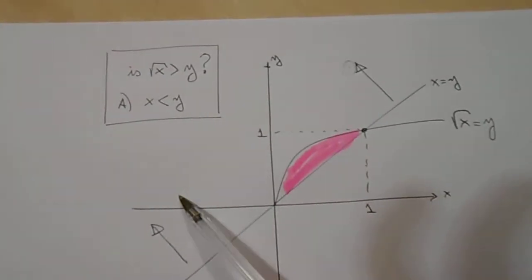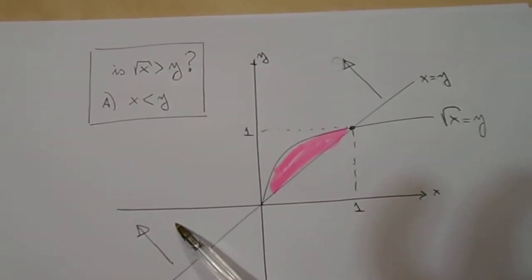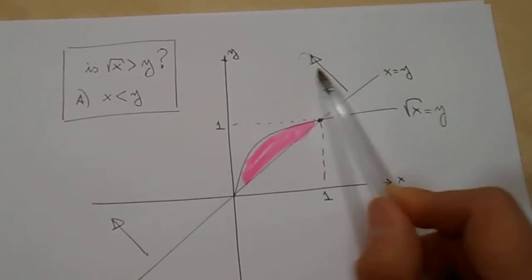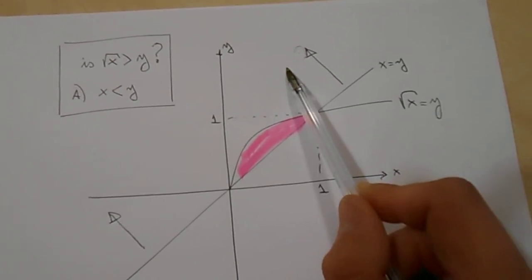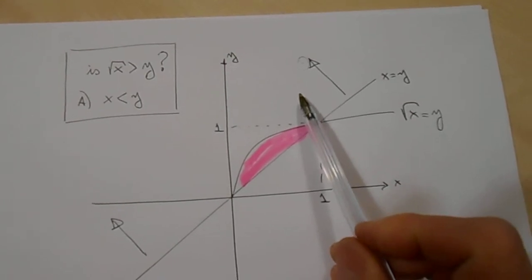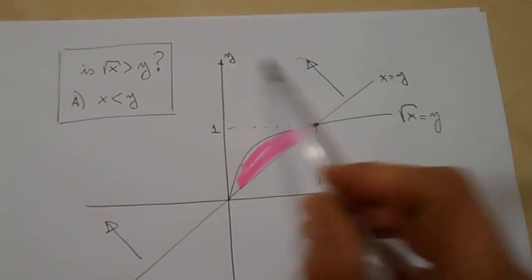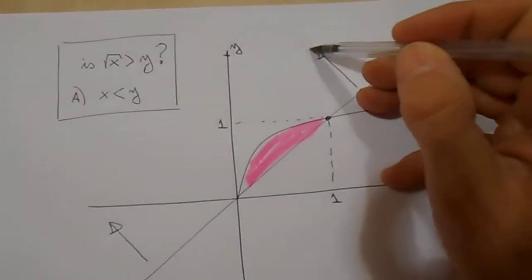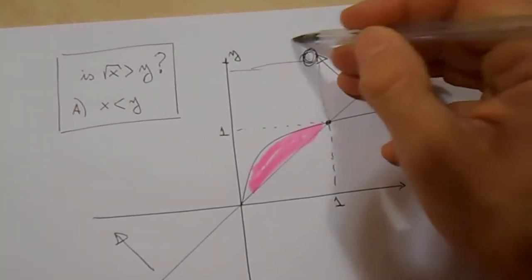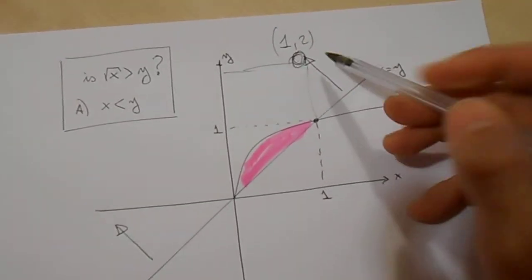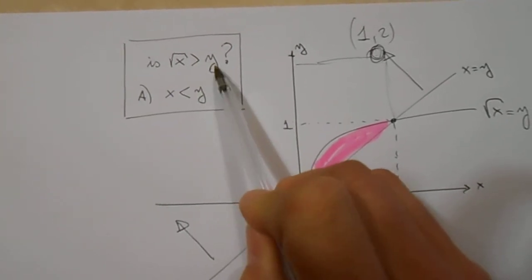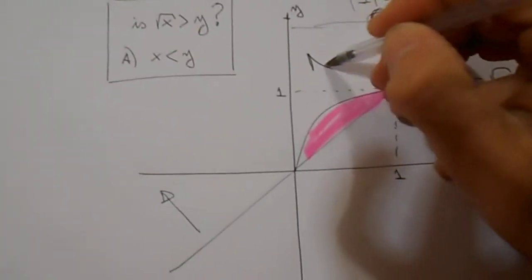For all the points that are defined, the answer will be no. It's not bigger than y, because the square root of x will be a very small number and y will be a very big number. For example, for the point where x is 1 and y is 2, the square root of x is still 1, and that is smaller than 2. So my answer will be no. The answer on this area will be no.